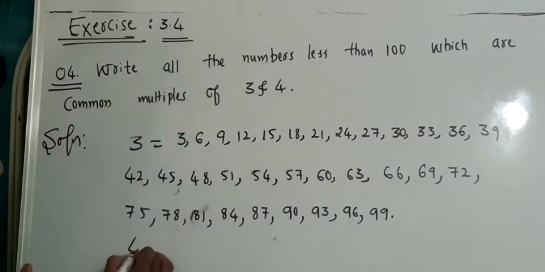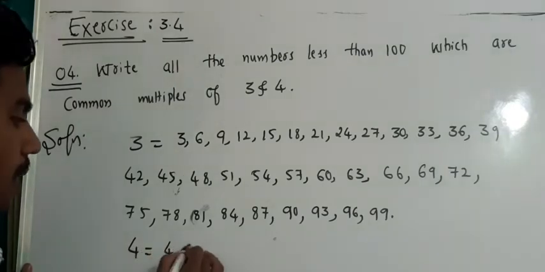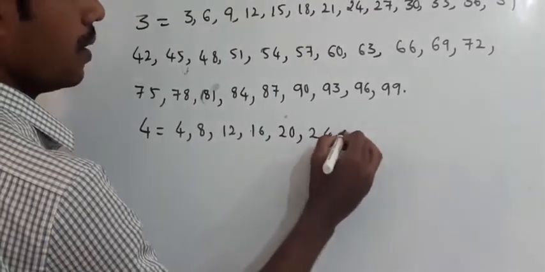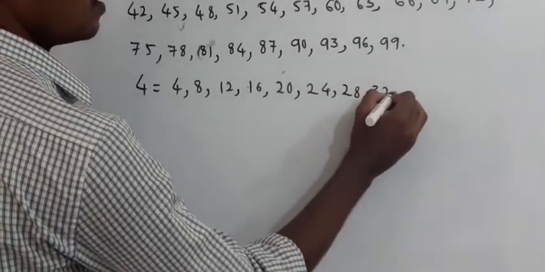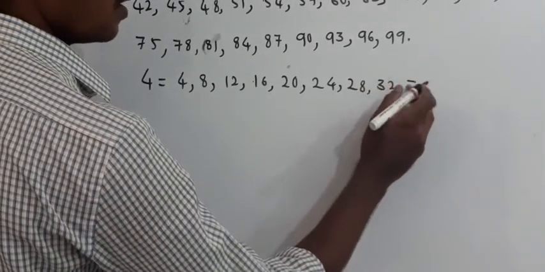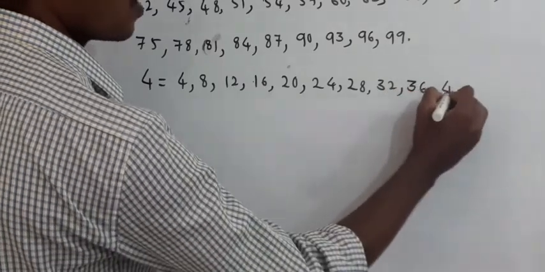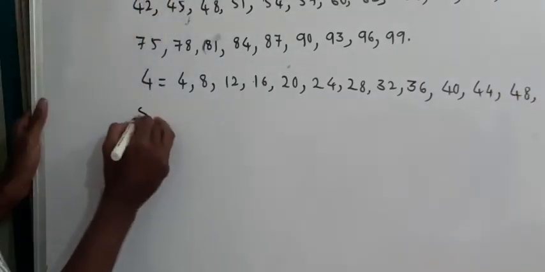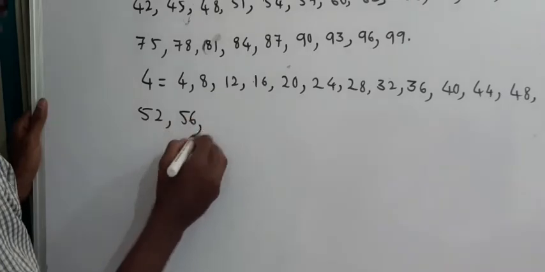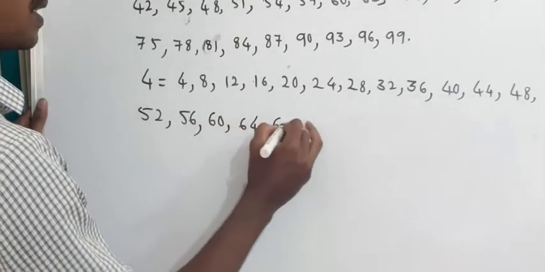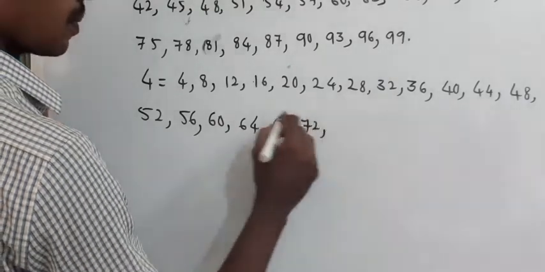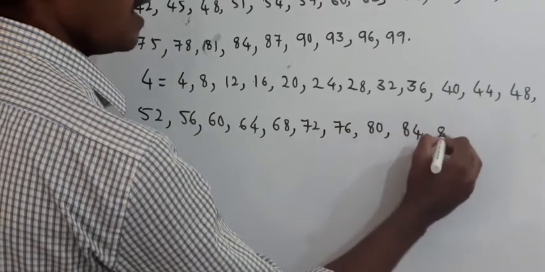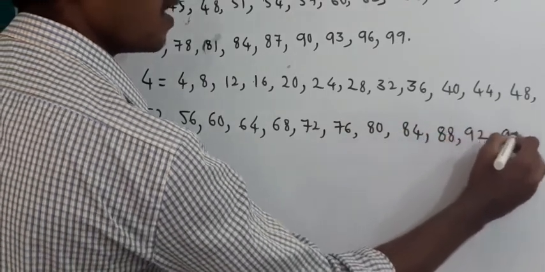Next, 4, 8, 12, 16, 20, 24, 28, 32, 36, 40, 44, 48, 52, 56, 60, 64, 68, 72, 76, 80, 84, 88, 92, 96.